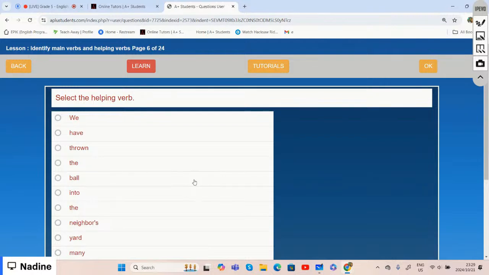We have thrown the ball into the neighbor's yard many times. Let's first identify the main verb. All right, if we were to select our main verb, what is the action that is being done within the sentence?